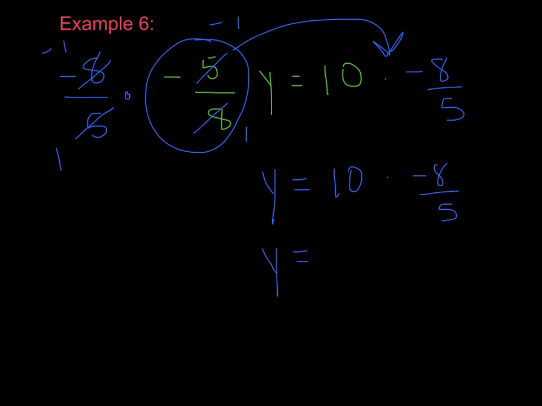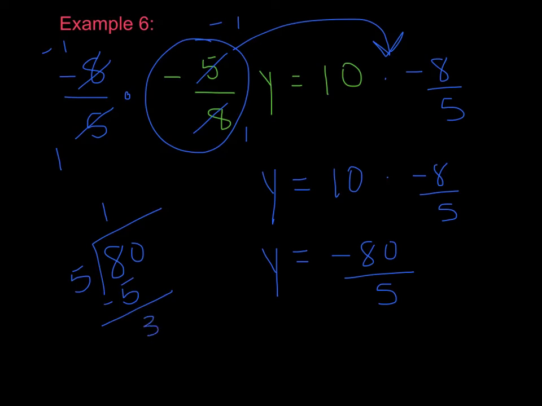And 10 times -8 is -80 divided by 5. And let's see, how many times does 5 go into 80? 5 goes into 8 one time, with 3 left over.